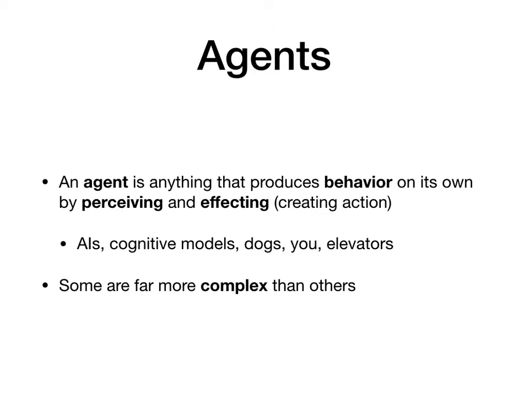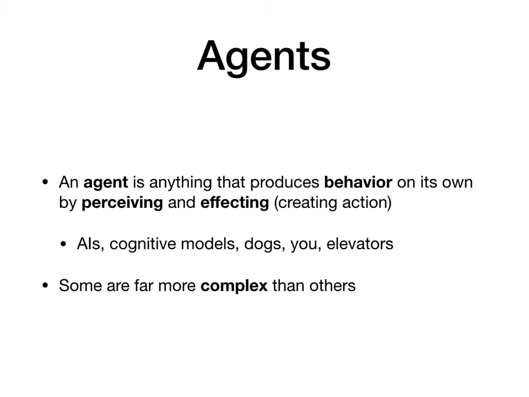Last time you were in an elevator, you gave it input and it produced output, but it also has to know where it's going to be between floors. What floor does it wait on, right? It has a system programmed into it that decides that. So it perceives the world through button pushes, and it affects the world through its motion.